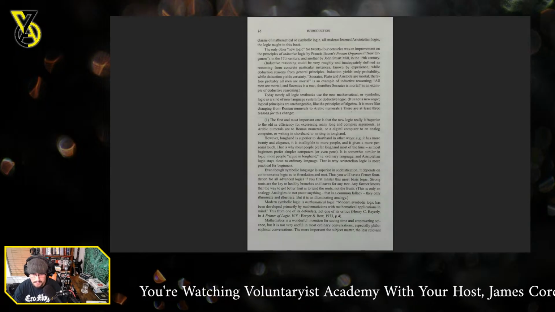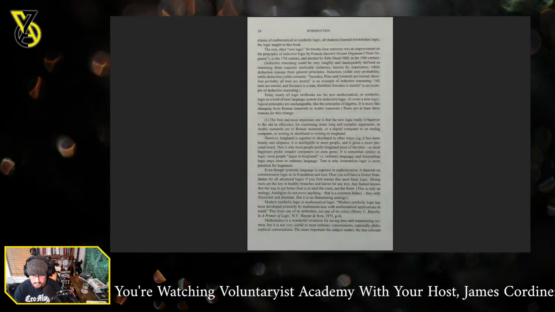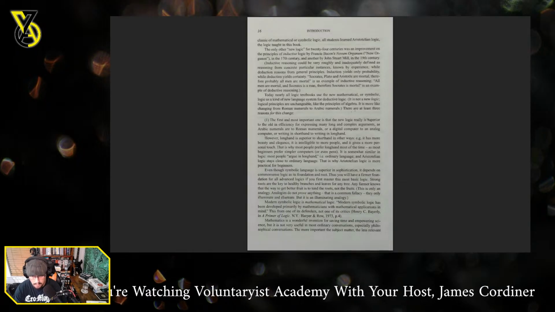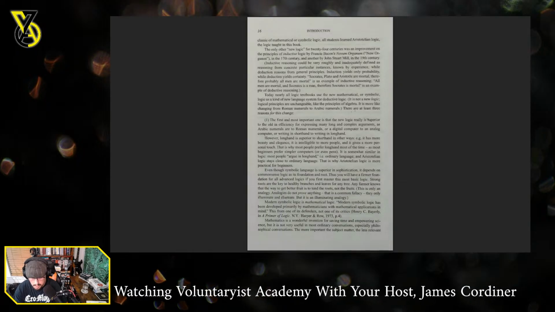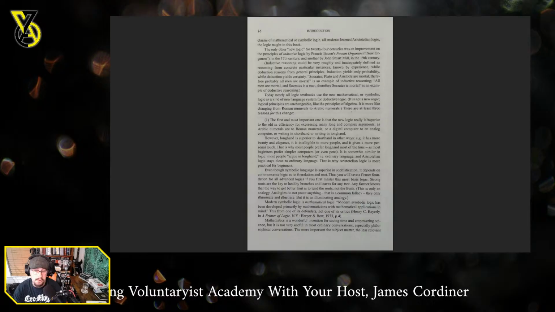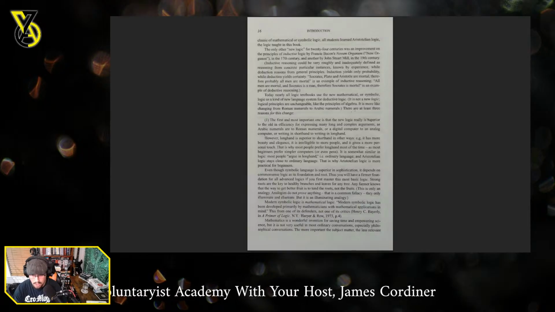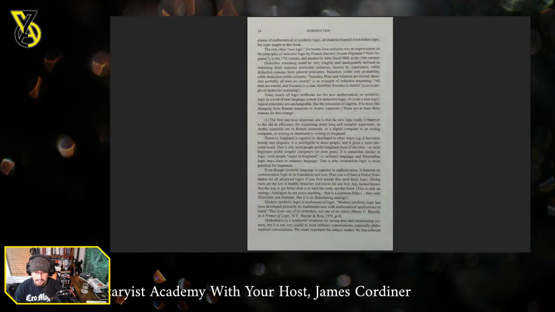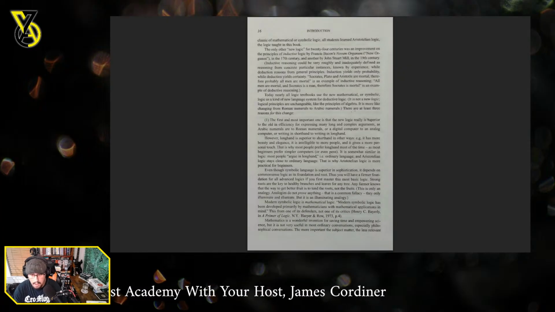Any farmer knows that the way to get better fruit is to tend to the roots, not the fruits. This is only an analogy. Analogies do not prove anything. This is a common fallacy. They only illuminate and illustrate. But it is an illuminating analogy, nonetheless.